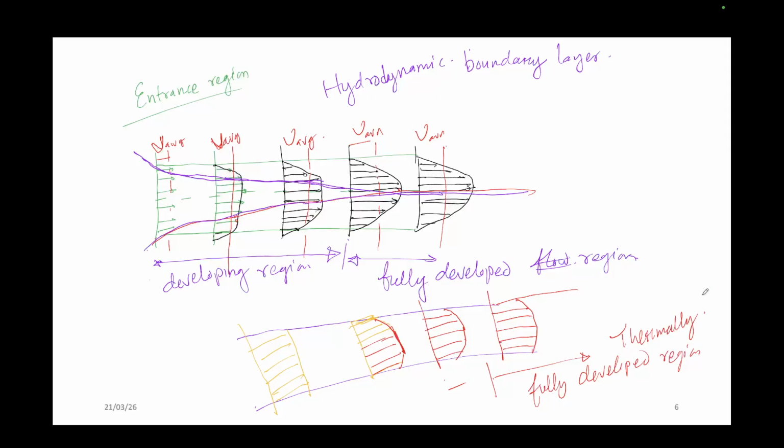Okay. Now let us talk about the velocity profile and all these things. In the previous cases, if I talk about this as a pipe, and this is the temperature, this is the thermal boundary layer. Right?